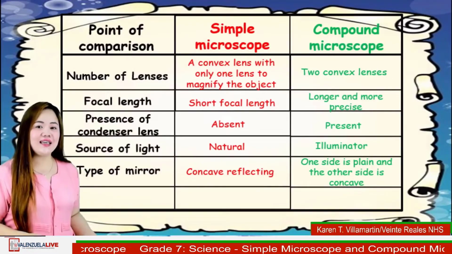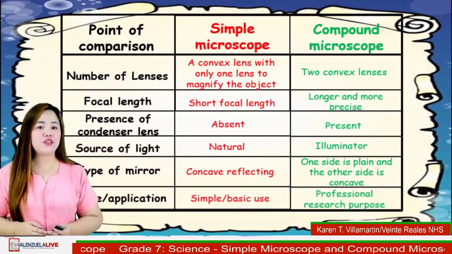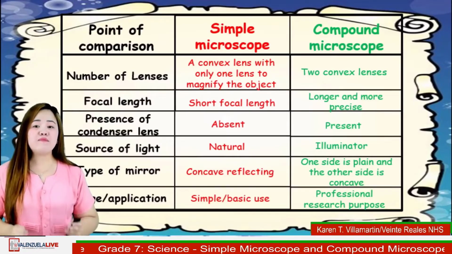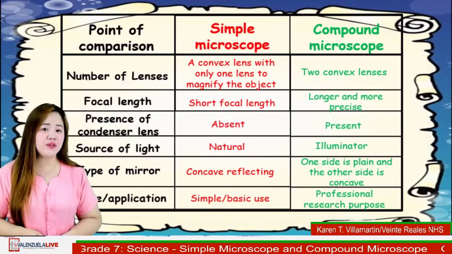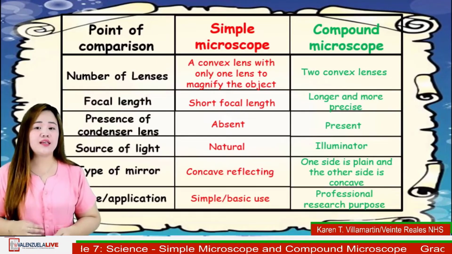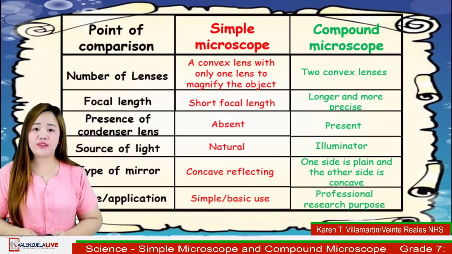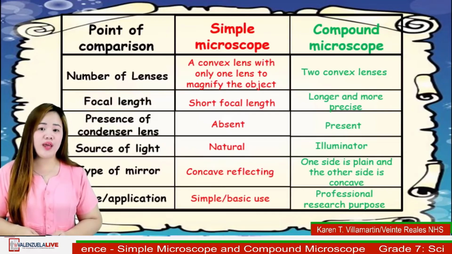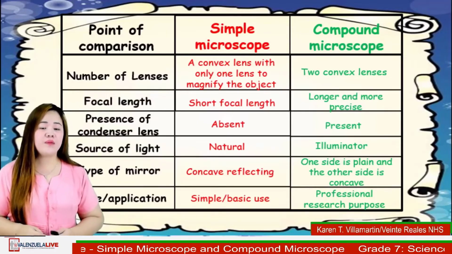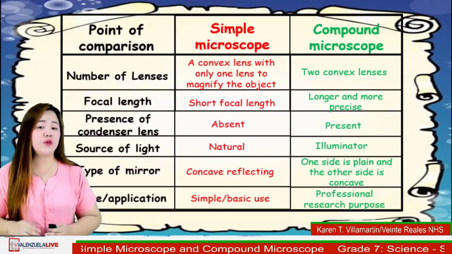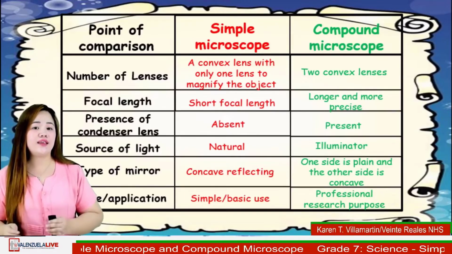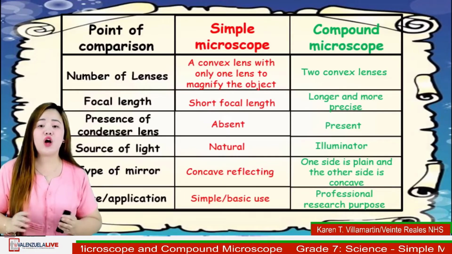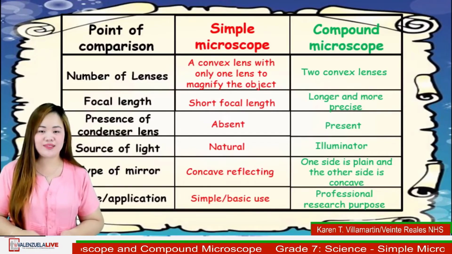And lastly, when it comes to usage or application, simple microscope can only be used in simple ways, such as enlarging small letters while reading, while compound microscope has a wide range of use, such as in studying the structure of different objects or organisms.